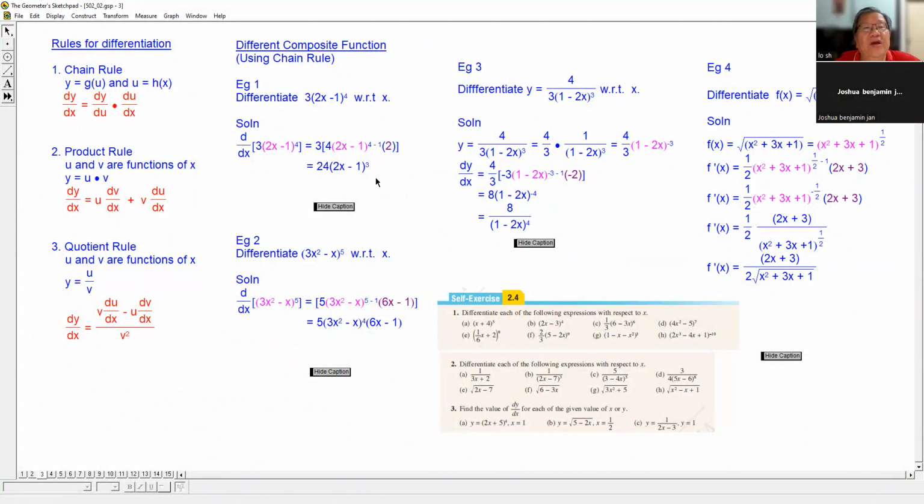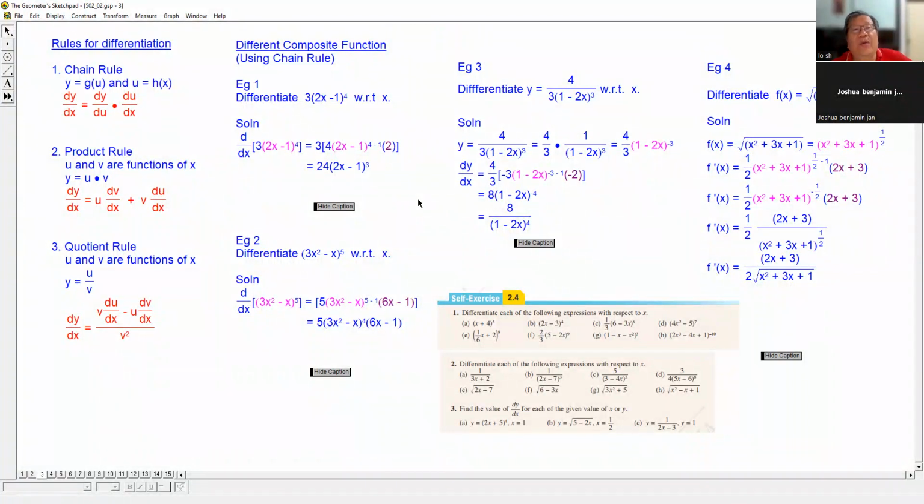Okay, so how to differentiate using the chain rule? First of all, you differentiate the bracket, the power of the bracket. Second step, you differentiate what is inside the bracket. So you differentiate 2 times. When are you going to use this chain rule?